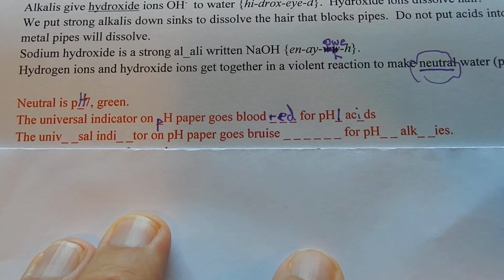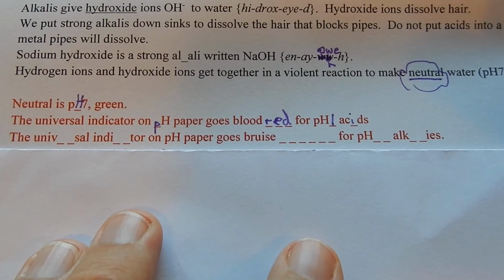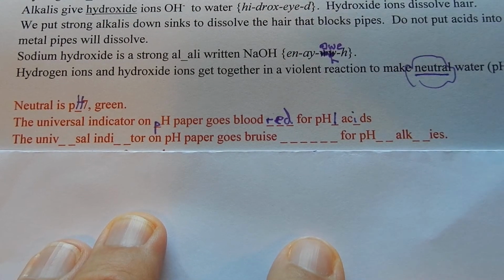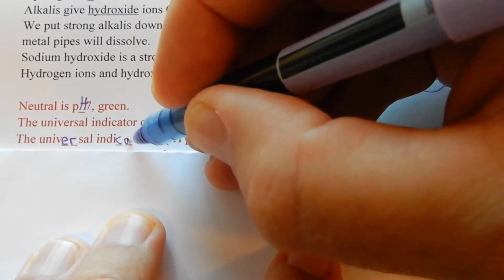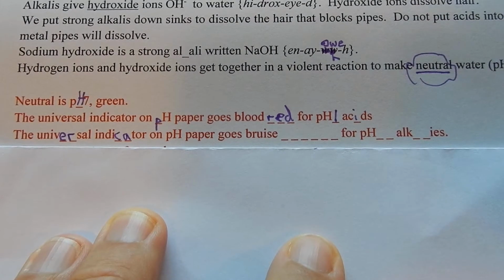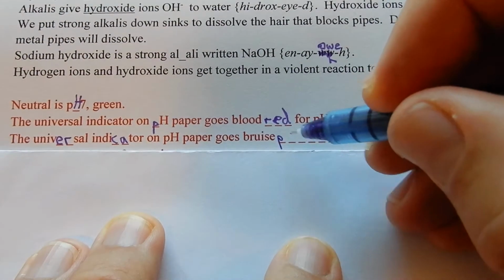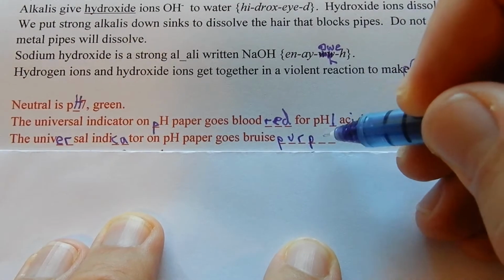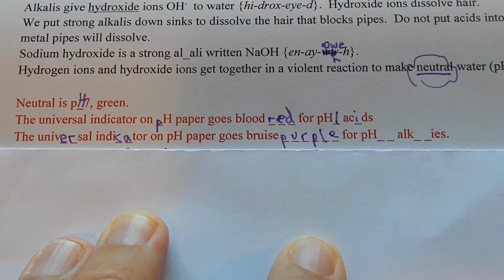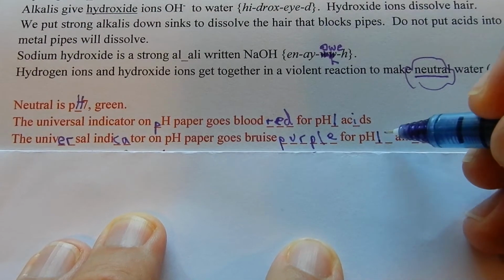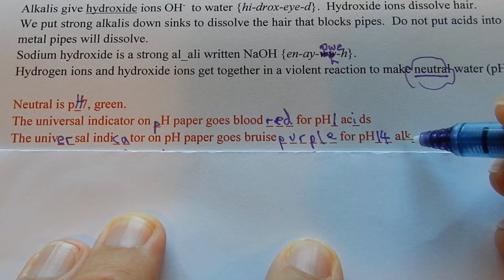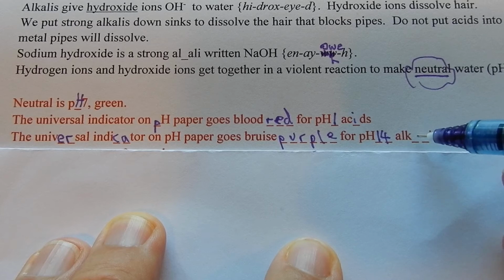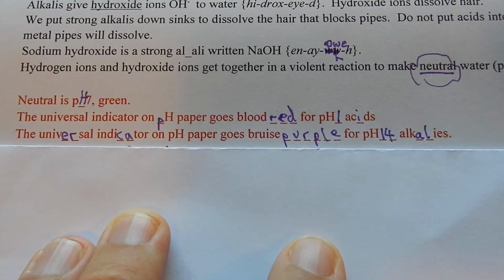The universal indicator on pH paper goes bruise purple for pH 14, the strongest alkalis.